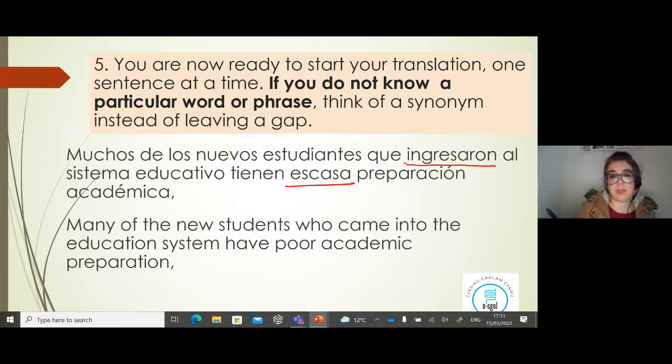So we got many of the new students who came into the education system have poor academic preparation. So you could even check how did you do? Could you self-assess this part of the exercise?